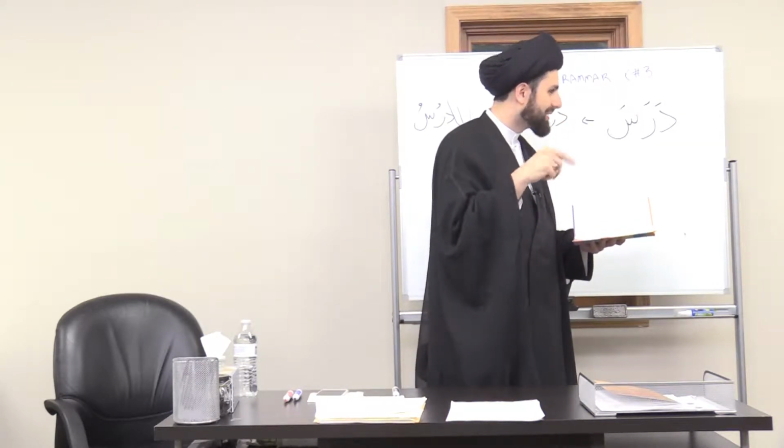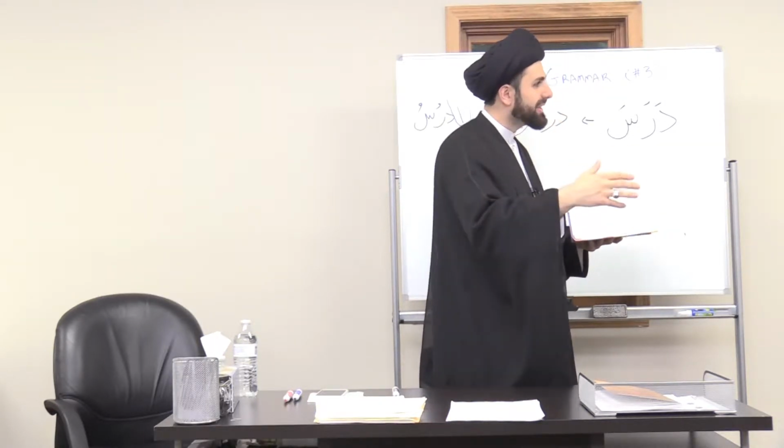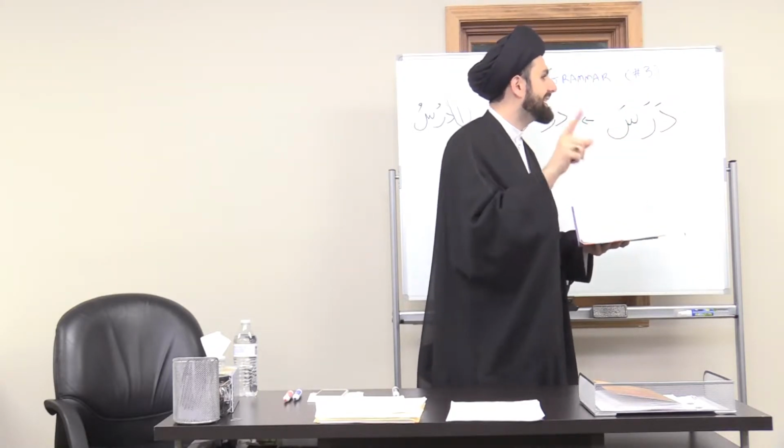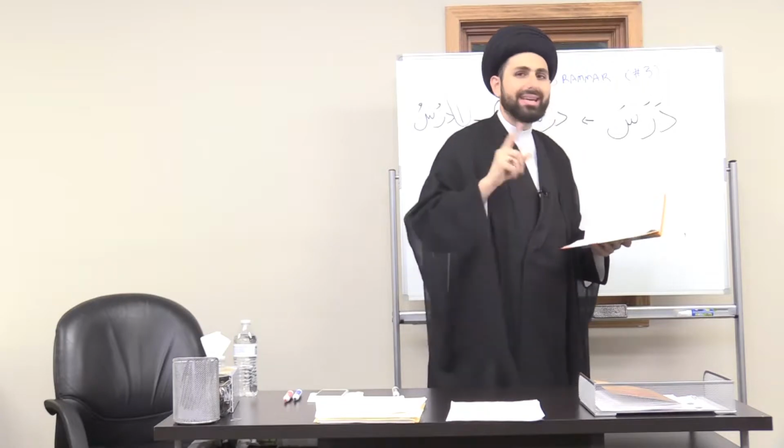And what is it? Ya. So if you're talking about yourself, you would use which pronoun? Alif. أغسل. If you're talking about a third person or object, what would you say? Ya. ينبح. يأكل. يشرب. يدرس. Right?